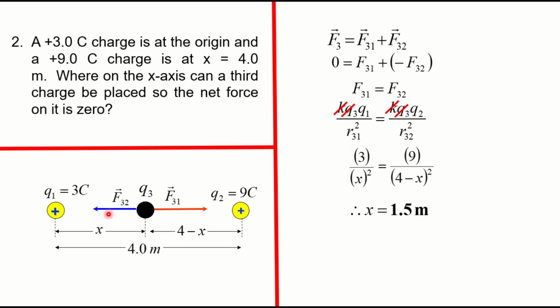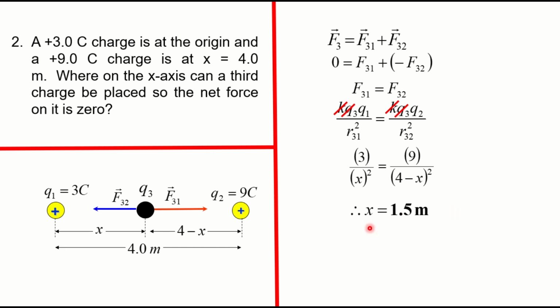Okay, R31, R3 and 1. So for example, we can label this as x. If this is x, the remaining would be 4 minus x. So F31 is x and F32 is 4 minus x. So we get x is equal to 1.5 meter.